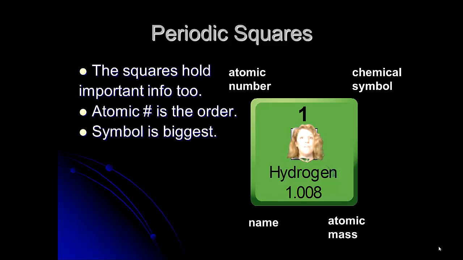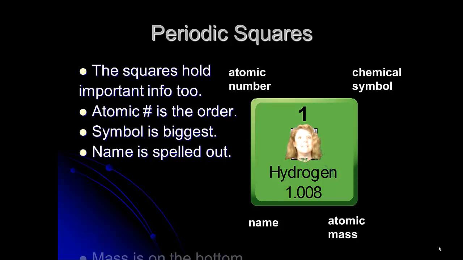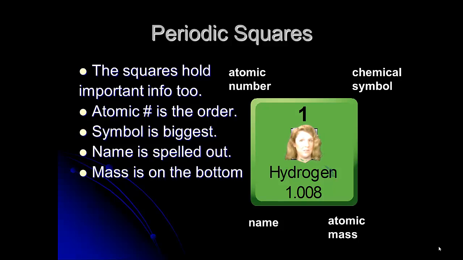Now remember that we've come farther in our ability to measure atomic mass. We have more sensitive equipment now, so this number is not exactly 1. So you always remember that you have to round off, and you need to round off accurately. The mass here is going to tell the number of protons plus neutrons. So in hydrogen, I have a proton number of 1 up here, but I've got a mass of 1 down at the bottom, which means that it doesn't have any neutrons.